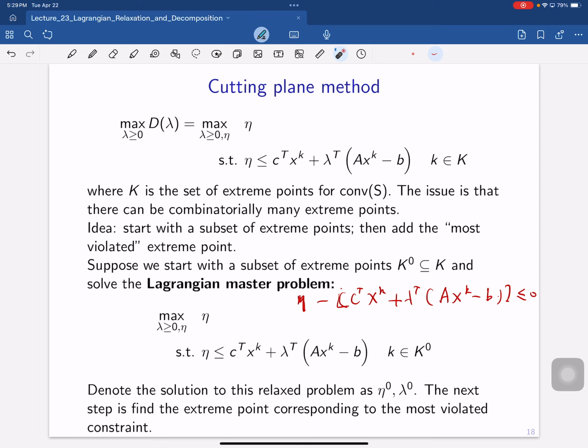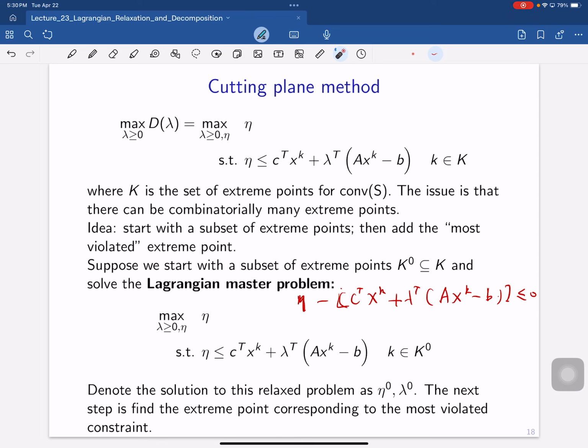So this is very similar to what we did before. Remember, in column generation, you find a column that gives you the most negative reduced cost. Here it is cut generation instead of column generation. In that case, you want to find the most negative reduced cost; here you want to find the most violated constraint.